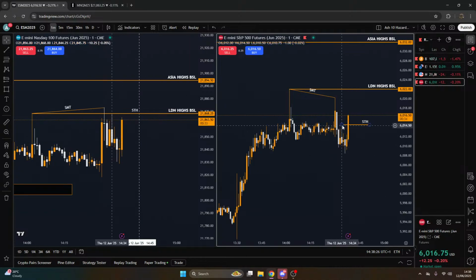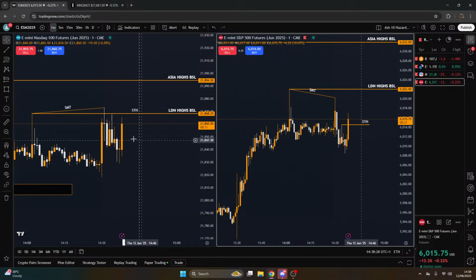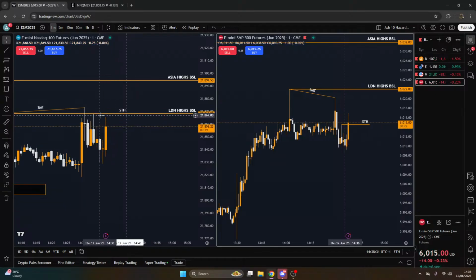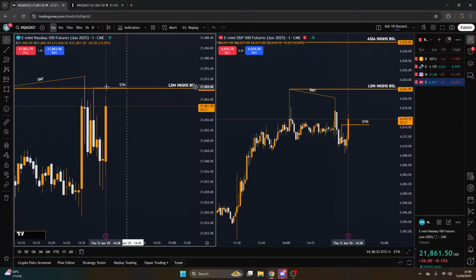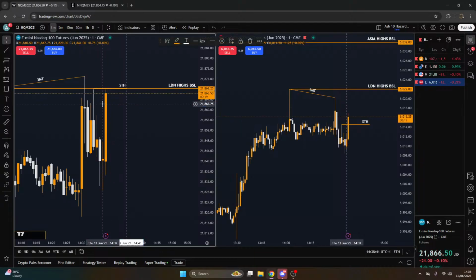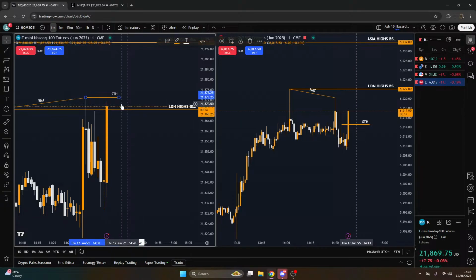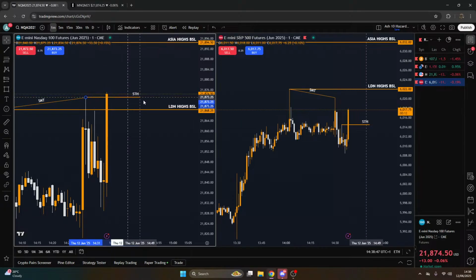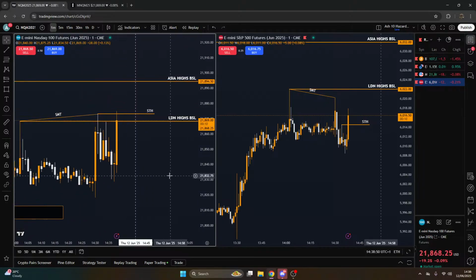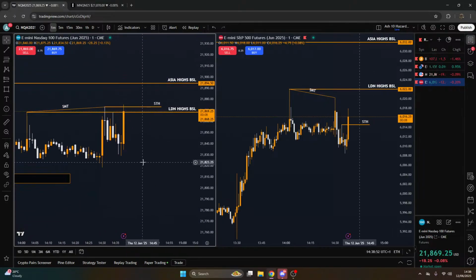So you guys can see right here now, ES has just taken that short-term high, but Nasdaq hasn't just yet. So Nasdaq's actually at the same point as London highs. So there we go. Actually, I'm going to put this back to here now. All right, cool. So we've now got a solid sweep of a short-term high.